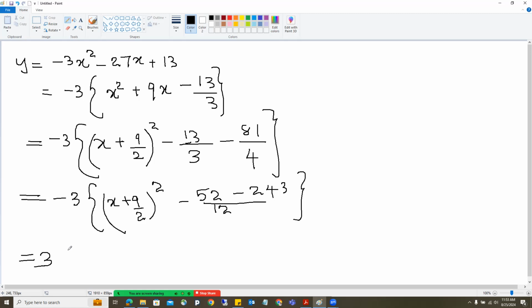Okay, that's fine. -3 times, here I have x plus 9/2 squared minus, altogether we have 7, then 9, 2/4. Because I just multiply this -3 with this entire one. Then you will receive 297/4. Is it clear?